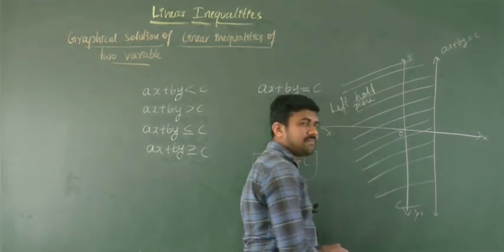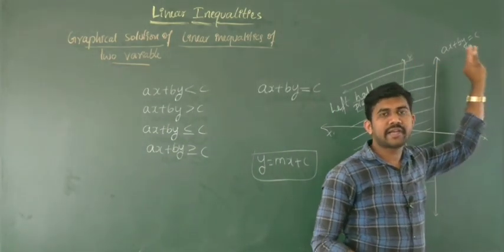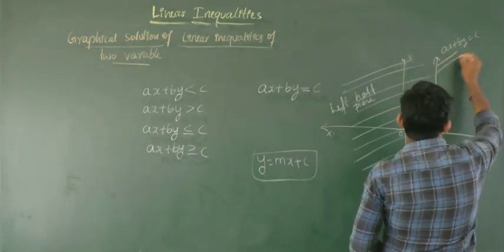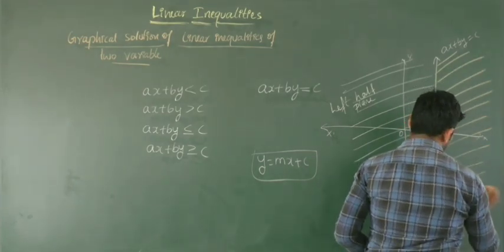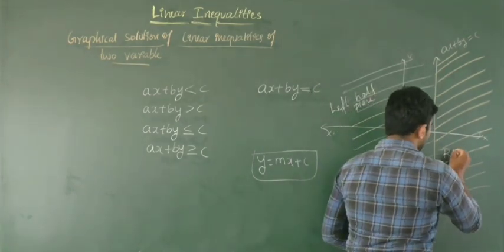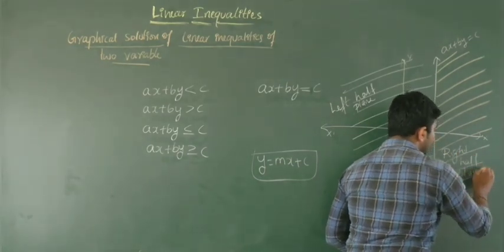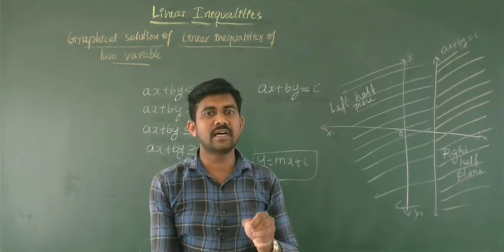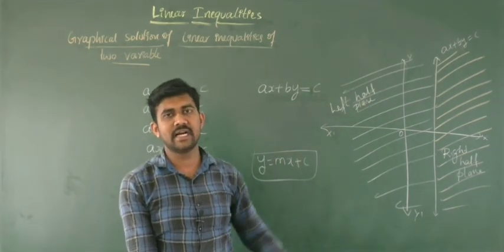Similarly, the region obtained on the right side of the line ax plus by is equal to c is called the right half plane. So remember, whenever you have a vertical line, that vertical line divides the plane into two parts, that is left half plane and right half plane.